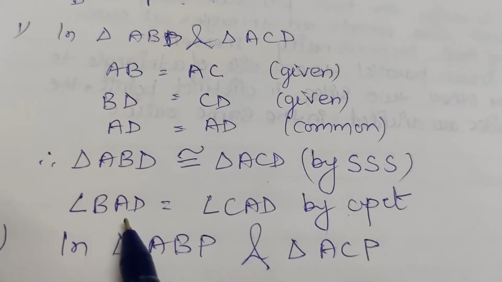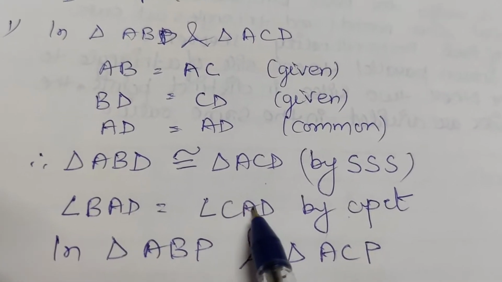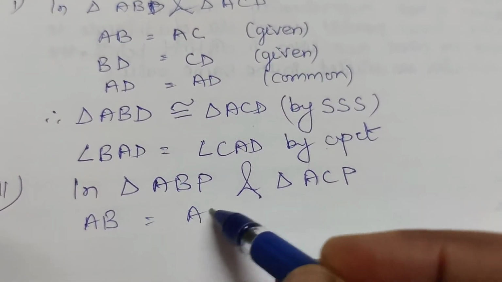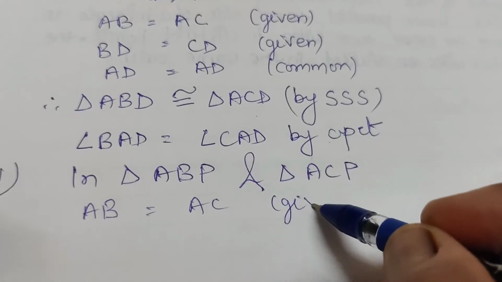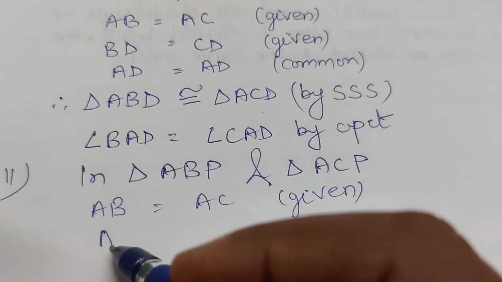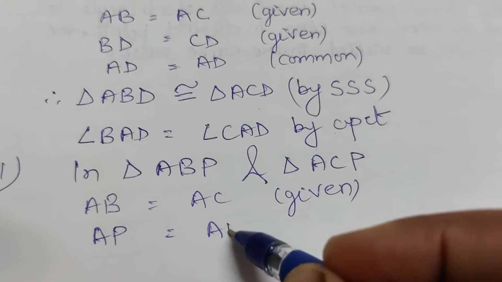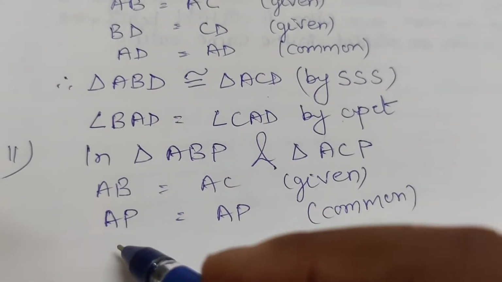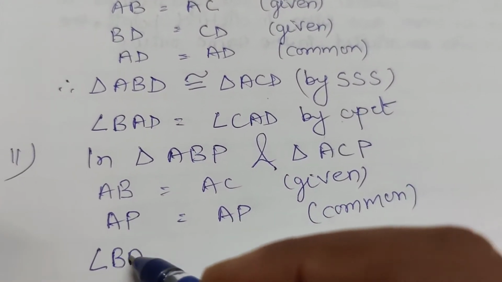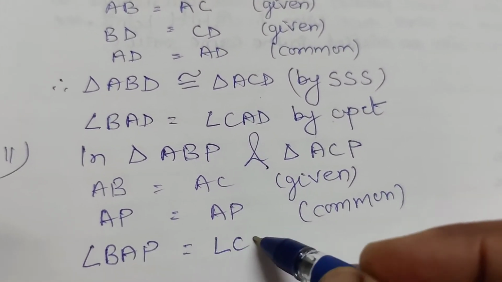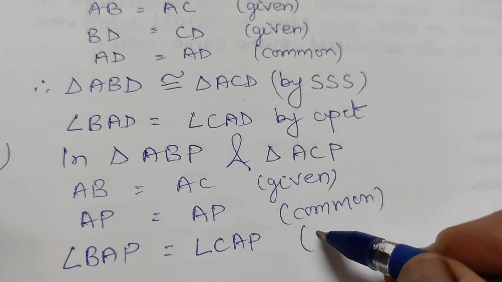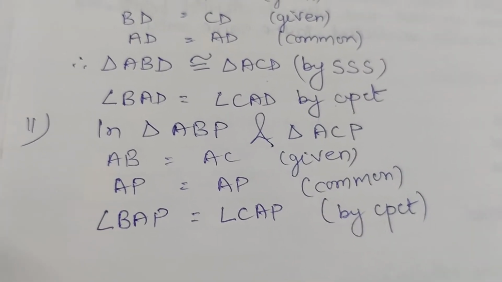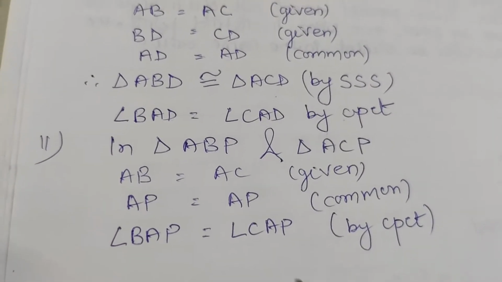BAD equal to CAD, so we can say that angle BAP equal to angle CAP. Number 1, AB equal to AC, given. Next, AP equal to AP, common, and third is angle BAP equal to angle CAP. We can say that by the CPCT of congruent triangles ABD and ACD.